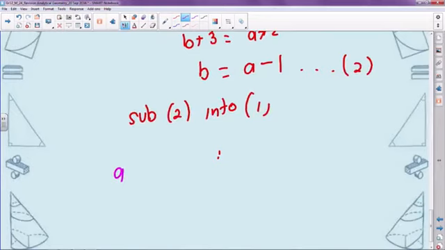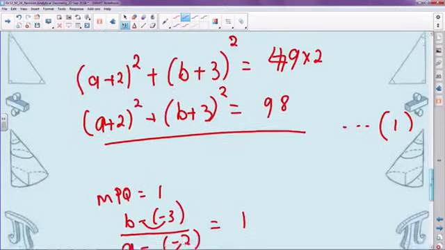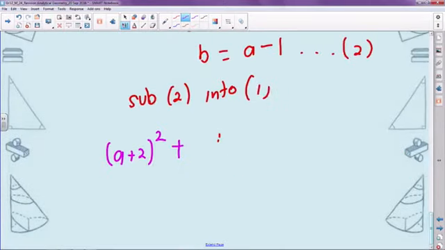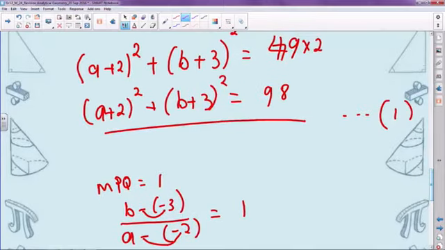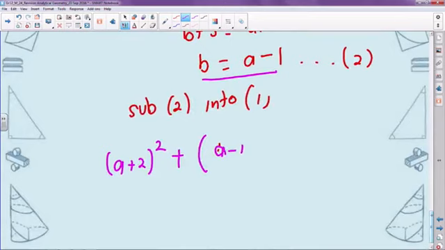We get a plus 2 squared plus, now in place of b within the bracket, I'm going to replace b with a minus 1 from that equation, right? So in place of b in this bracket, I put in a minus 1, and then we've got plus 3 squared is equal to 98.